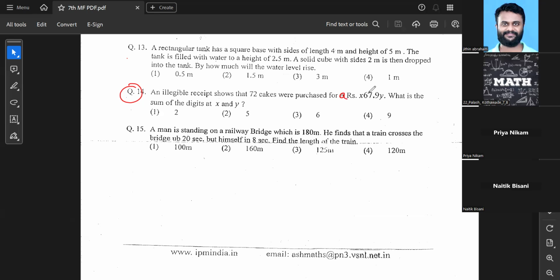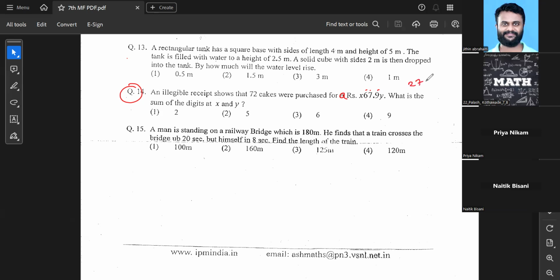So for nine's divisibility, first of all, let's satisfy nine's divisibility test, right? So when we satisfy nine's divisibility test, 6 plus 7 is 13, 13 plus 9 is 22. So X plus Y plus the other digits should be a multiple of 9, which is greater than 22. So greater than 22 is 27.